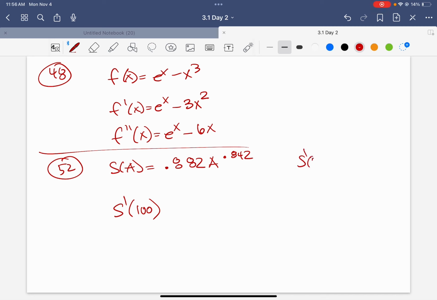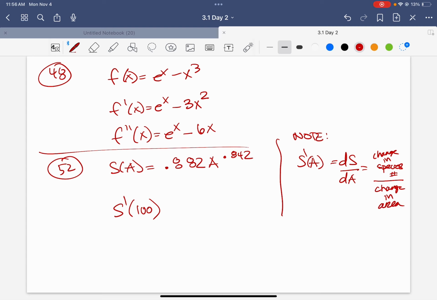Well, first, the derivative, just to be clear, is equal to the change in S over the change in A. So this is going to be the change in species number divided by the change in area, right?